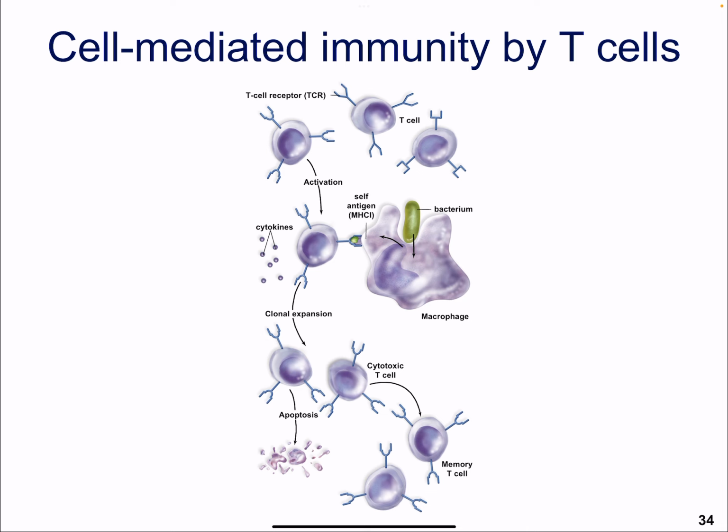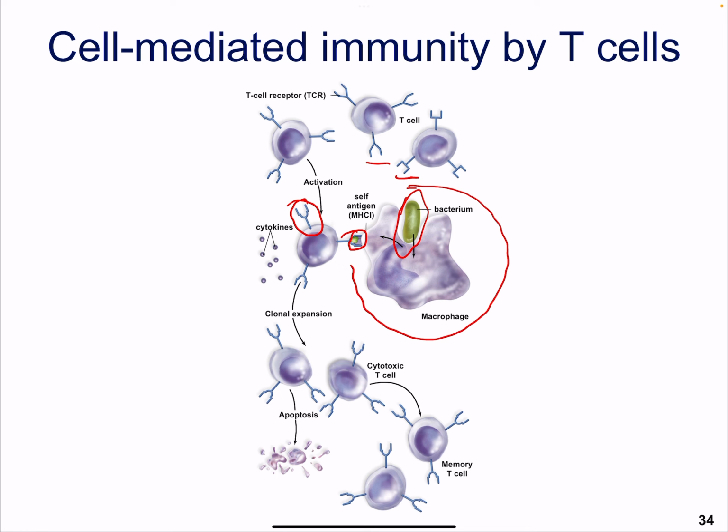So we are going to have an antigen presenting cell right here, in this case a macrophage. That macrophage engulfed a bacterium. That bacterium got broken down and a fragment of the bacterium was presented here. So only T cells with these T cell receptors are going to go through clonal expansion. This one won't, this one won't. Okay?